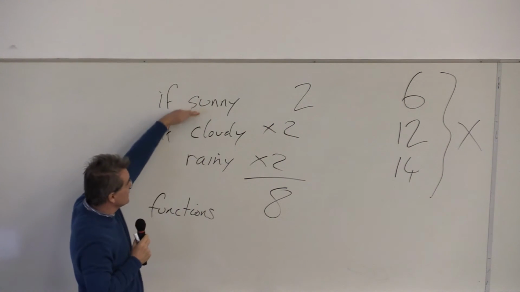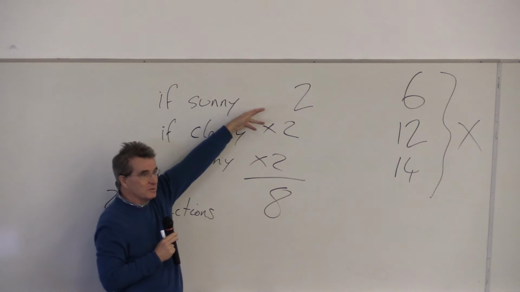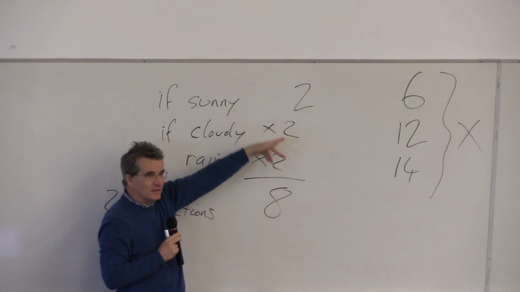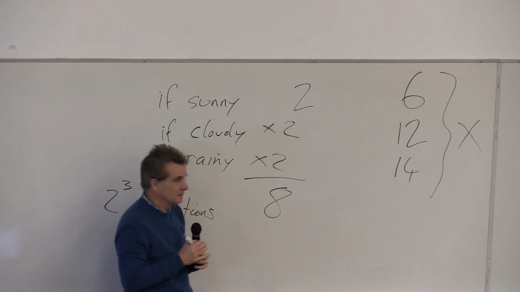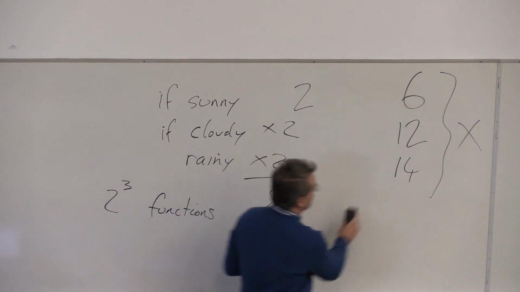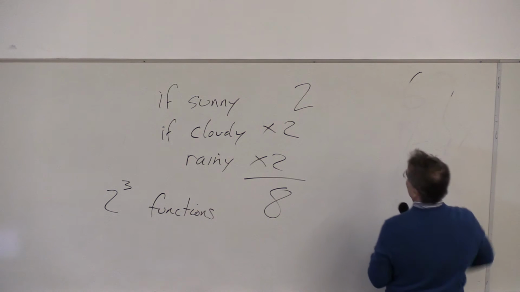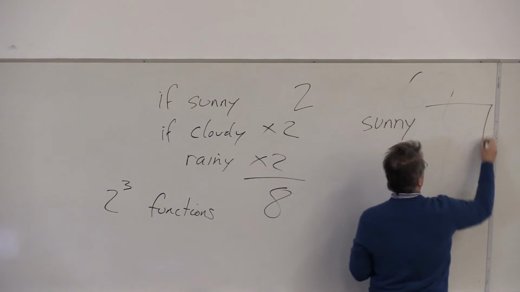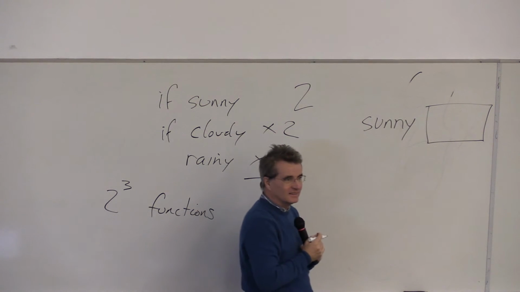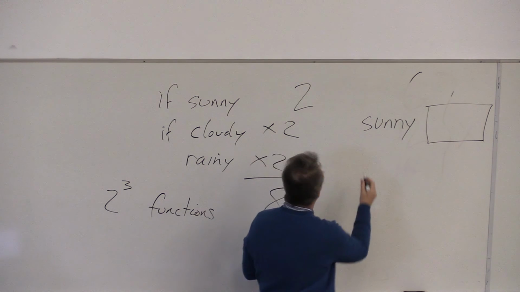You can separately specify what to do when it's sunny, you can separately specify what to do when it's cloudy, and you can separately specify what to do when it's rainy. So you can fill in this table. Sunny, and I have a box here, and I can either fill in take or leave.